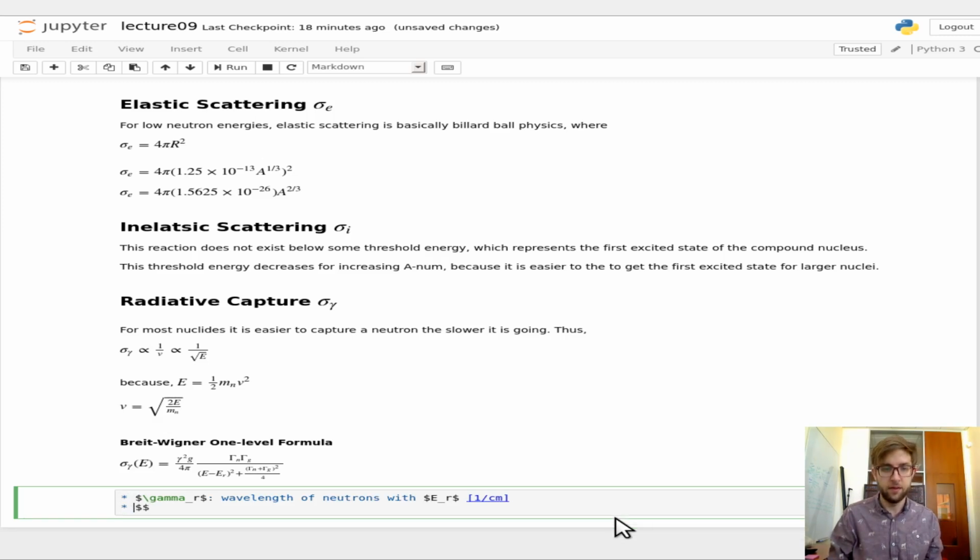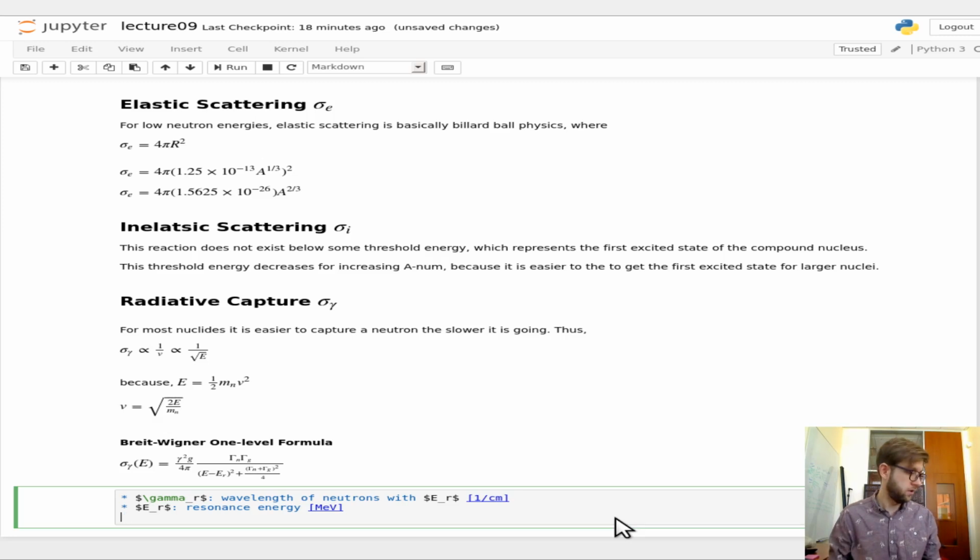E sub r is the resonance energy in MeV. G itself is a constant called the statistical factor.